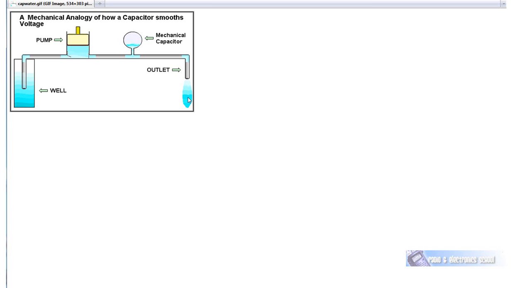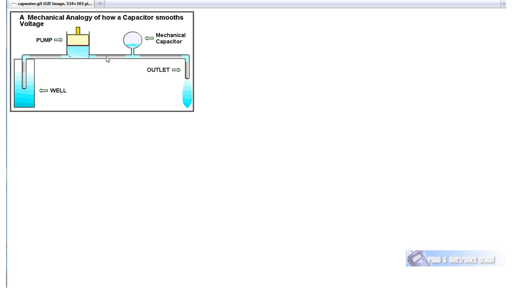Can you see now that the flow of water is continuous? What is happening when the piston goes down and pushes water to the outlet, it also fills up the reservoir. When the piston is going up, the reservoir empties to fill in the no pulse period of water flow.